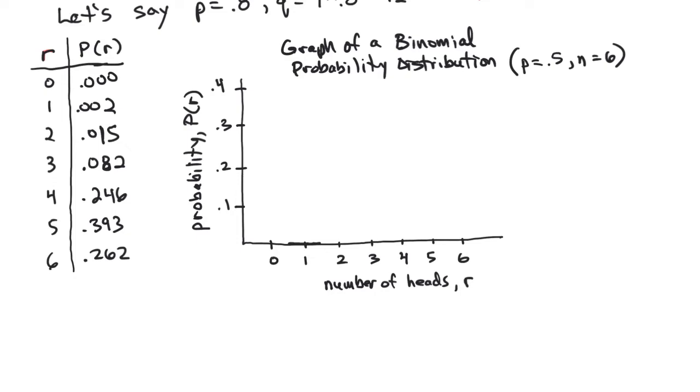Then 0.015, so that would be able to be shown. Then we've got 0.082. And then for 4, we've got 0.246.